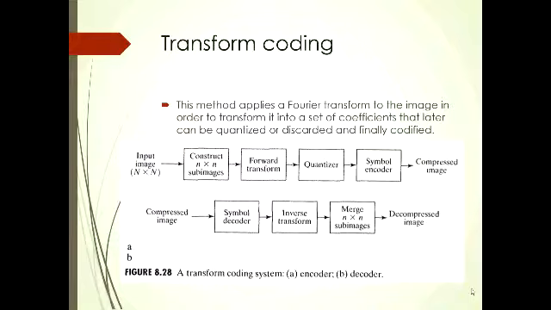In order for us to be able to decompress that image, we will need to use a decoder. A decoder is the counterpart of an encoder. In a decoder, we will use the same symbol encoder that we use with our encoder. Then we will use the inverse Fourier transform, and then we will merge every image that we get. And this way we can decompress the image.